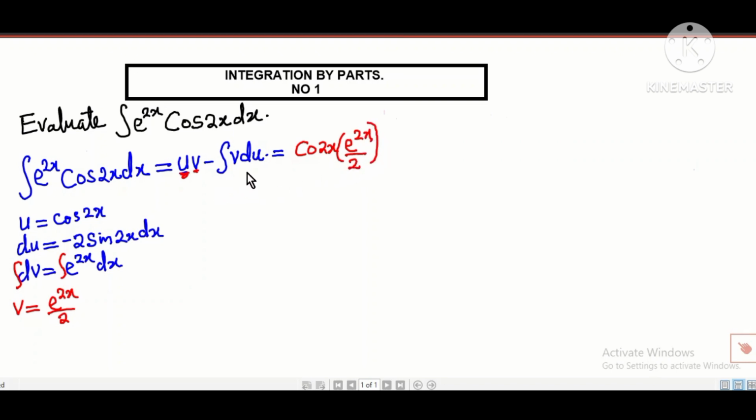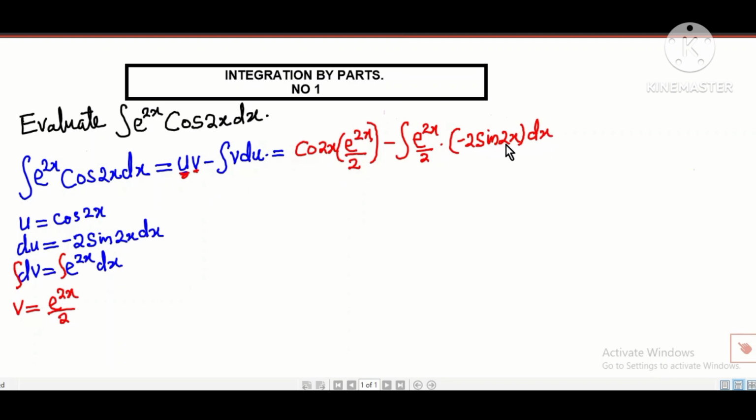So I have my u, my v, and my du. Let us put them in this order. u comes first, which is cos 2x, then v is e to the power 2x divided by 2, and then minus the integral of v, e to the power 2x over 2, multiplied by du, which is negative 2 sine 2x dx.